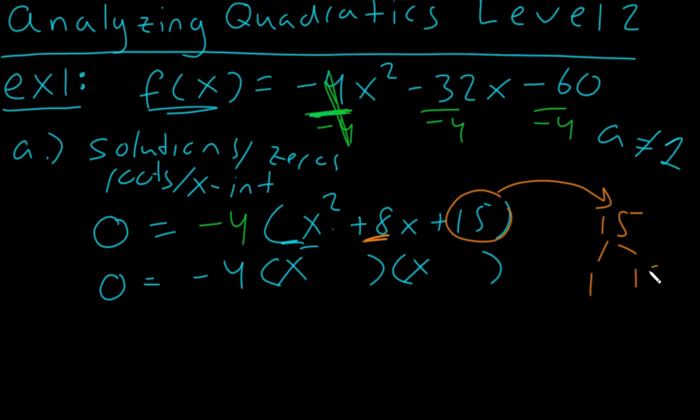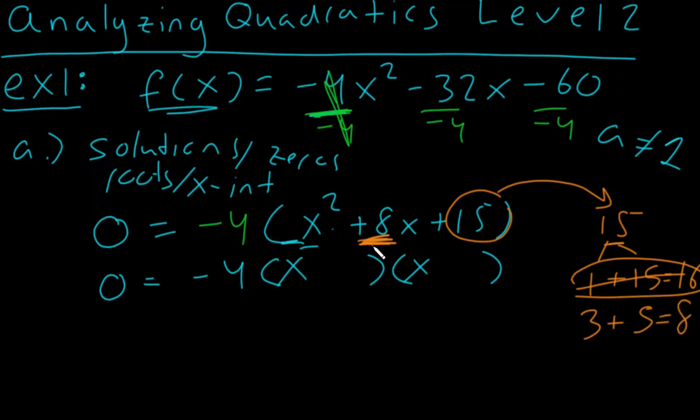My only options are 1 and 15, and 3 and 5. Well, I know that 1 times 15 is 15, but 1 plus 15 is equal to 16. And remember, I was looking for a positive 8, so that's not right. Here, I can add 3 plus 5, which is 8, and hey, that's the middle term. So x plus 3 and x plus 5 are my two factors.